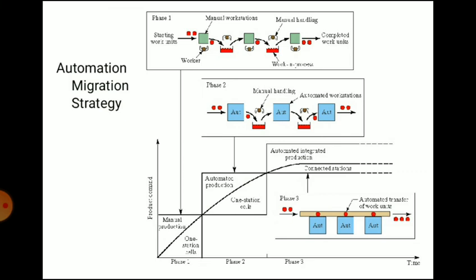As the demand grows, there will be automated workstations, but the work handling will be manual. And the third, you can see at the bottom, is phase 3, that is automated integrated production. So there will be automated transfer of work units and the workstations will also be automated. So that is phase 3.